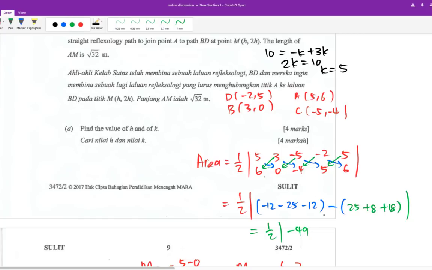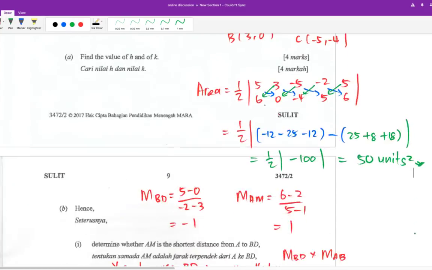So you get the whole thing, you will get -100. I already solved it all together. So you will get -100, which is positive 100, so the area should be 50 units square.